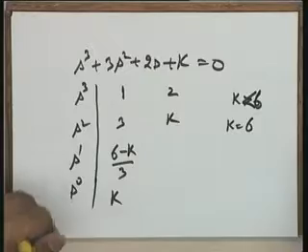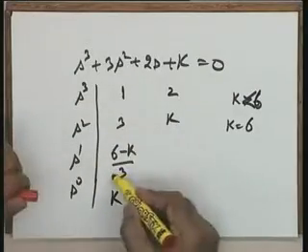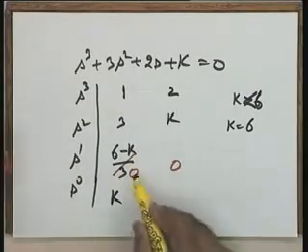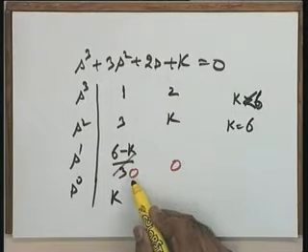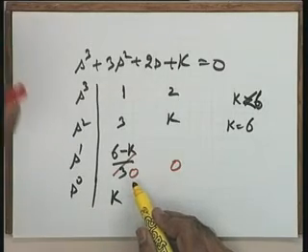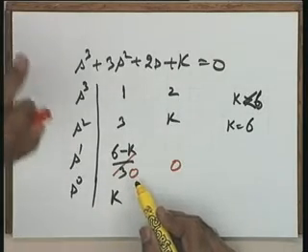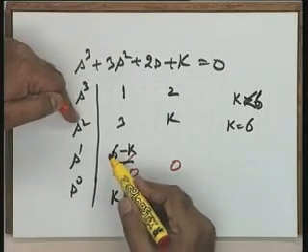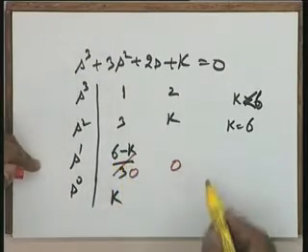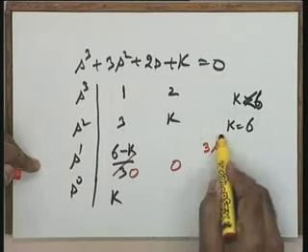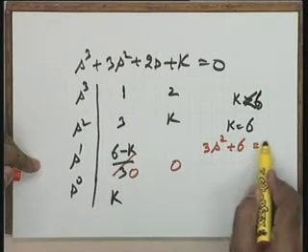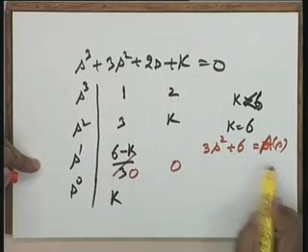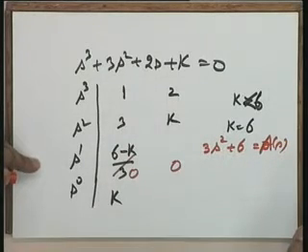So, if I take k equal to 6, this element becomes 0, this missing element is automatically 0, which corresponds to a situation that an auxiliary equation is the factor of the original characteristic equation. An auxiliary equation you make from the previous row. Looking at the previous row, you get 3s squared plus 6 equal to 0 is the auxiliary equation, or the auxiliary polynomial.